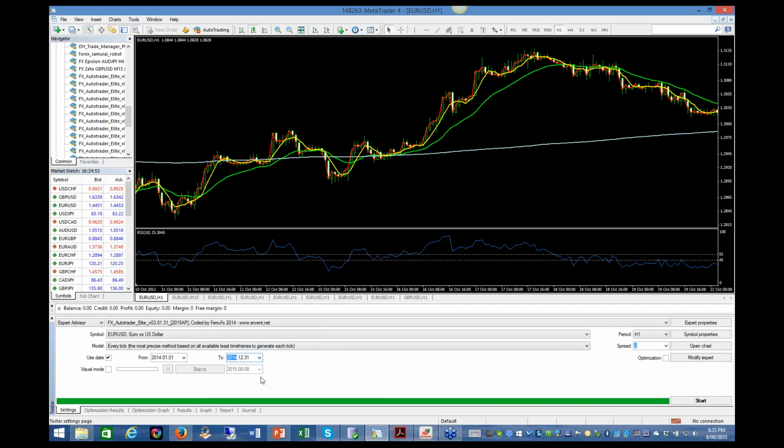And so now our optimized strategy is going to go forward on a period that we haven't tested. Let's see how we go with the settings that we've found to be profitable in 2013.